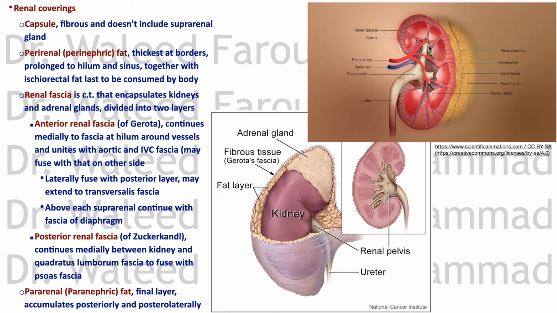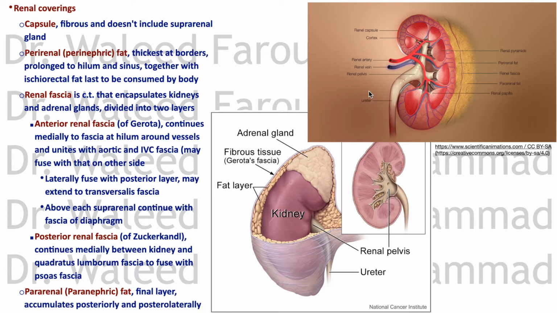And it's worth mentioning here that sudden loss of weight may consume the paranephric fat rapidly, so the kidney might be tilted, and this is a problem in extreme diets. Take care of extreme diets, where there is a sudden loss of kilograms from the body.